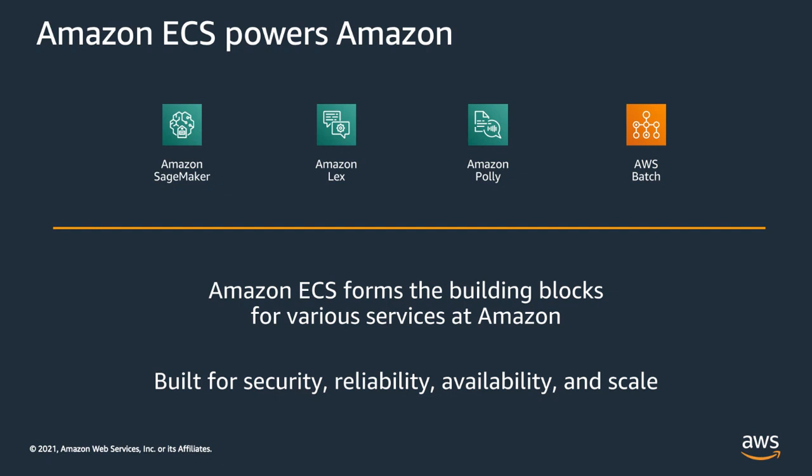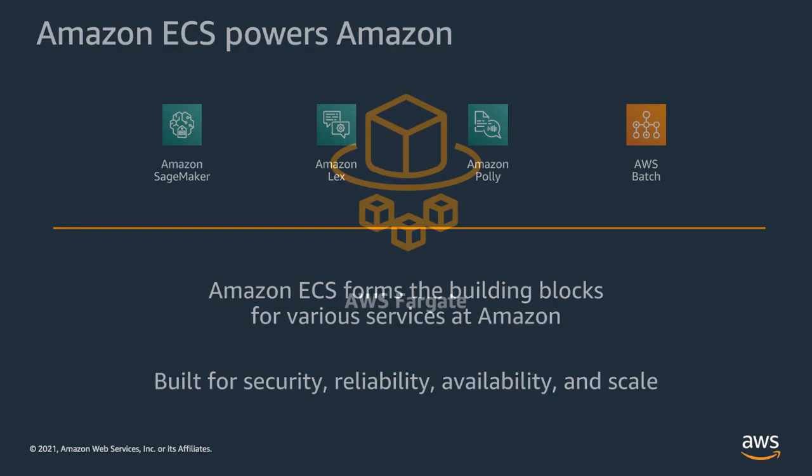ECS forms the building blocks for various services at Amazon. There are more; these are a few examples. The whole premise is built for security, reliability, and to work at scale.